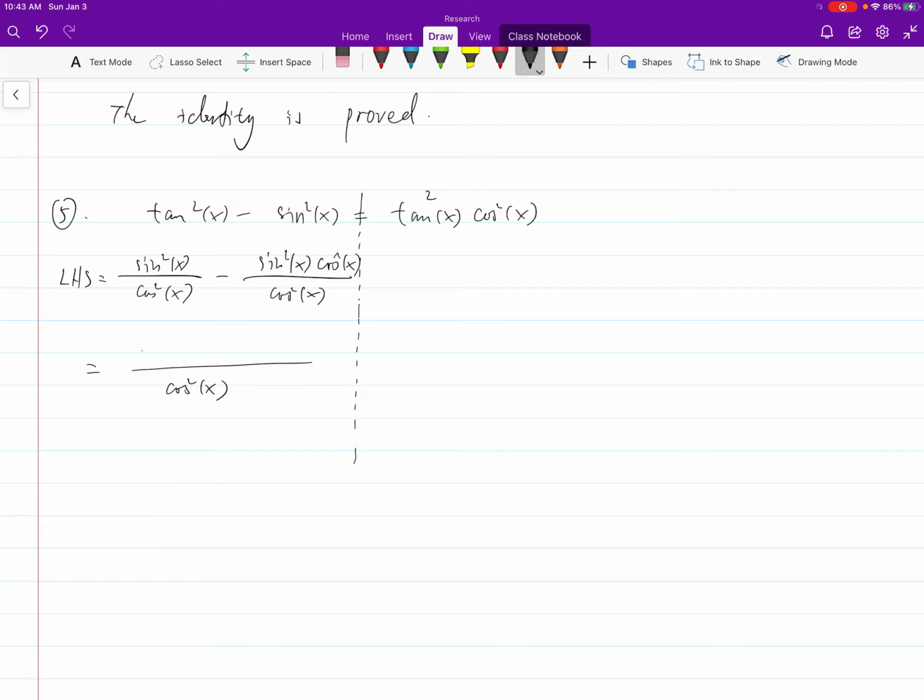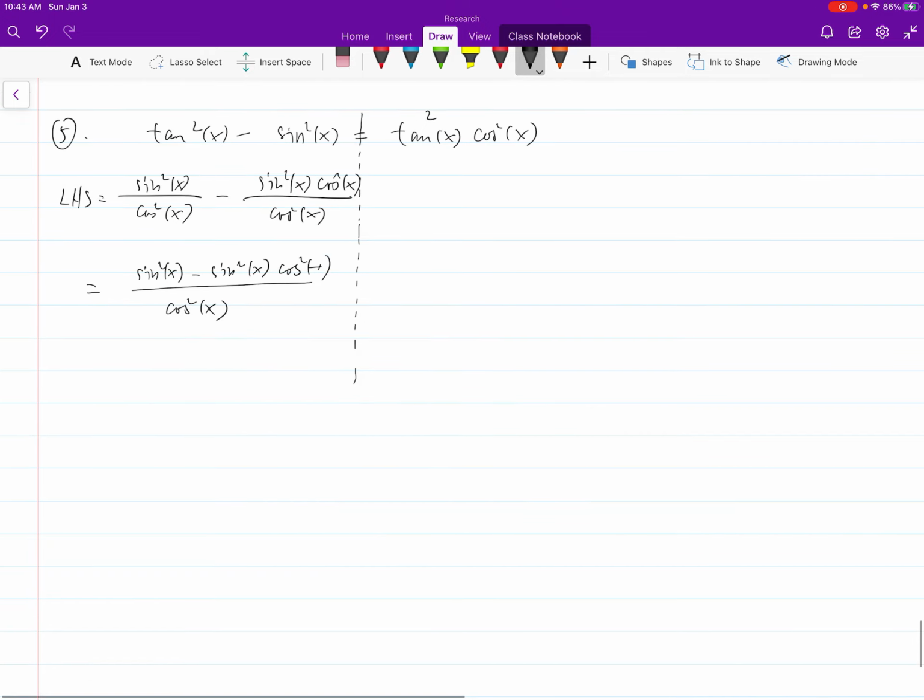Therefore, you probably want to do the same thing to get the common denominator. Fine. Oh, hold on. Keep going. 1 minus cosine. What do you know?